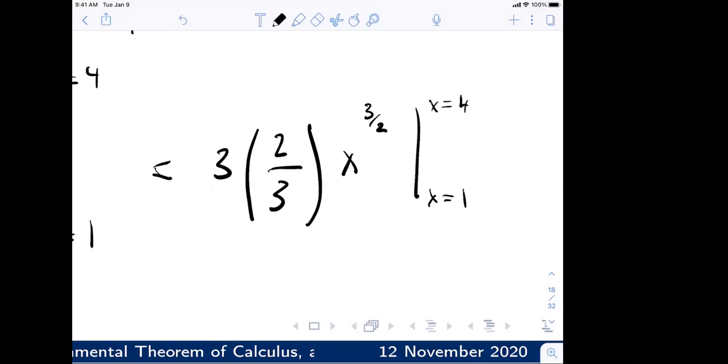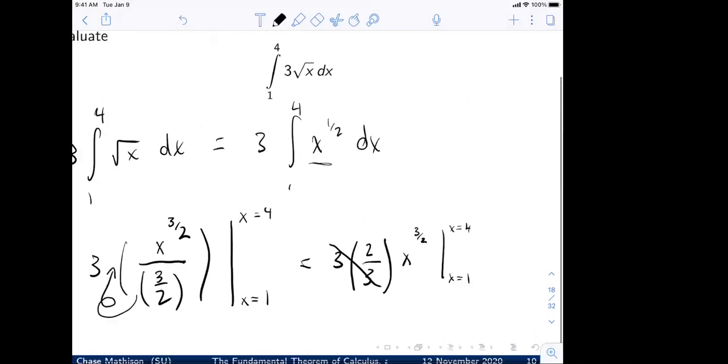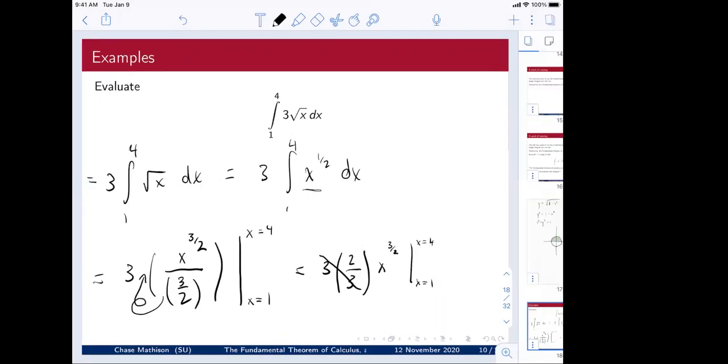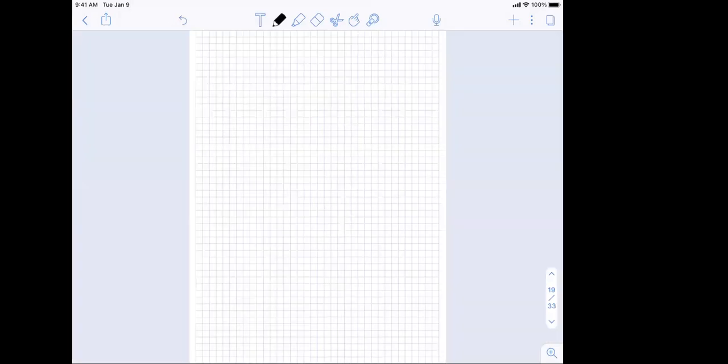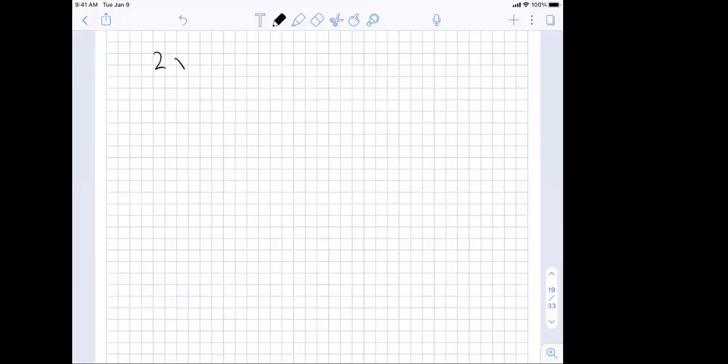Okay. And then lastly, you can cancel the 3 with the 2/3, or with the 3 in the bottom. Okay. So we then want to evaluate, sorry, 2 times x to the 3/2 at x equals 4 and x equals 1.